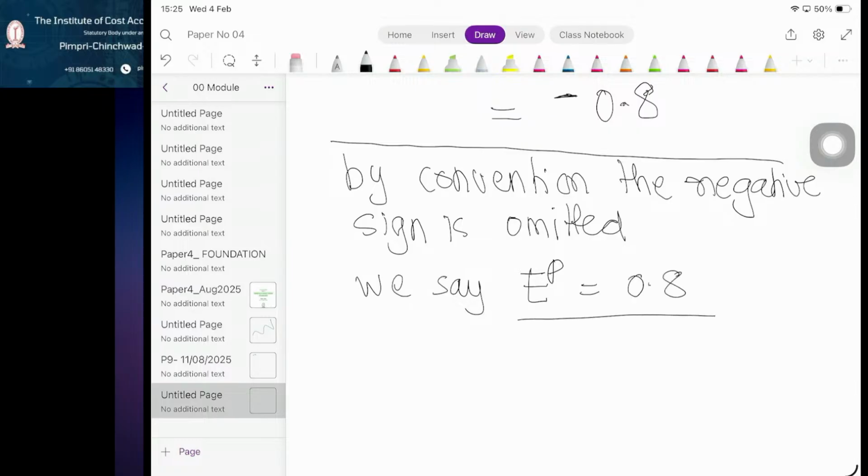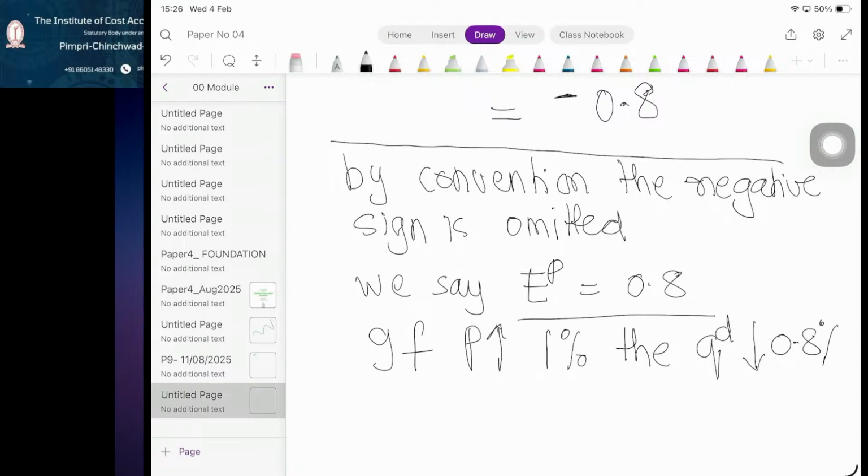What this means is that if price increases by 1 percentage point, then quantity demanded will fall by 0.8%. Is that clear to all of you, how this sign is interpreted?